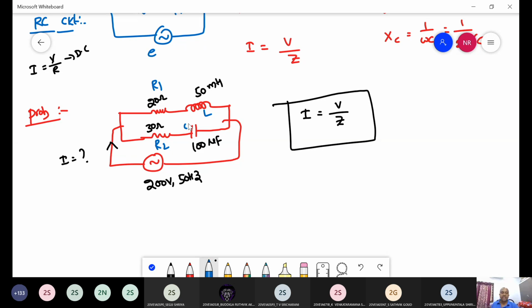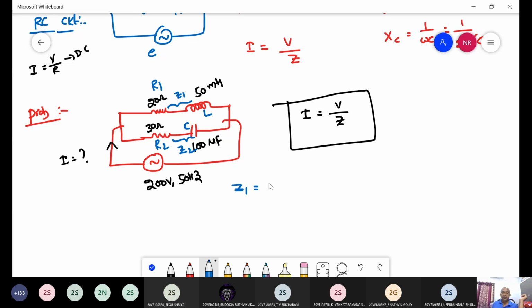R2 and C is another branch. So here it is Z1, here it is Z2. Then what is the combination of Z1 and Z2? Parallel.